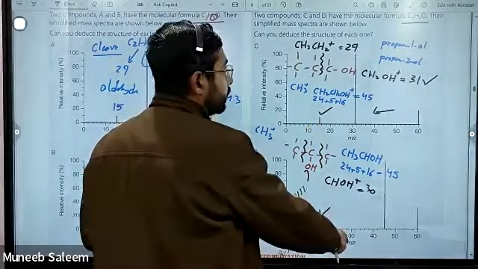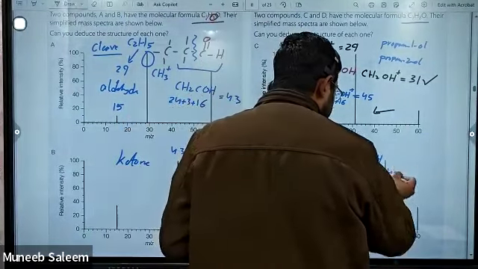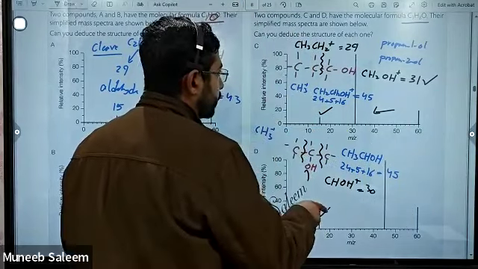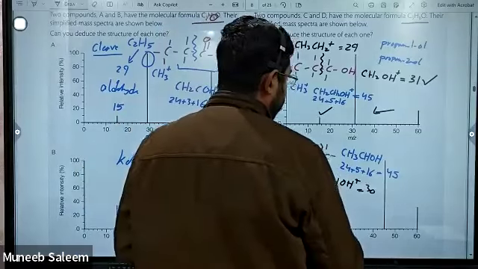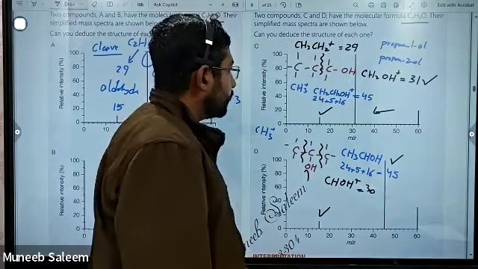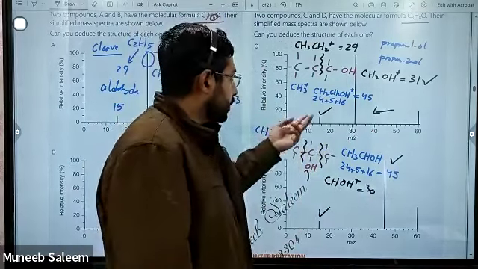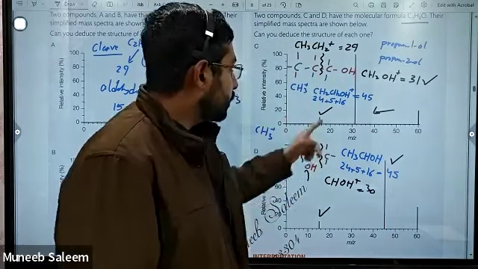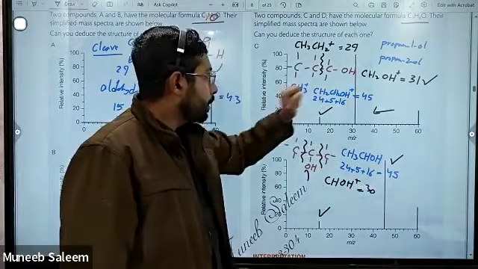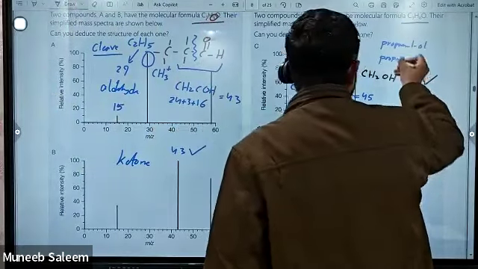However, this part is giving us a peak at 45. So a peak of 45 is here. 45 was already produced in both of the spectra, so we could not identify which spectrum was belonging to which alcohol, but on the basis of this peak of 31, which is not being given by propan-2-ol, we can say that this is the peak of propan-1-ol.